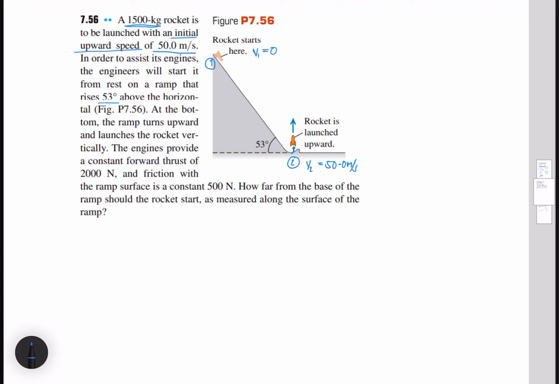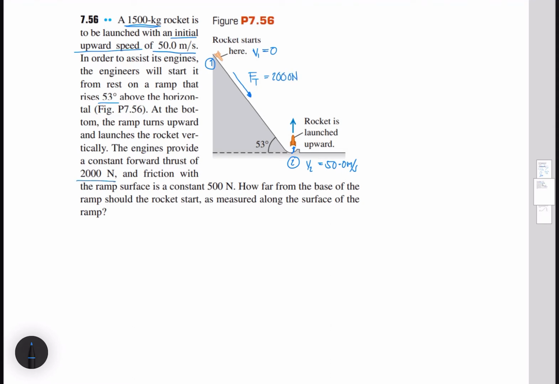At the bottom of the ramp, the ramp turns upward, and the engine provides a constant thrust of 2,000 newtons, meaning the engine provides a force that helps the movement of the rocket from rest. So we can say that the thrust force, let's have that as F sub T, is directed this way, and that is 2,000 newtons.